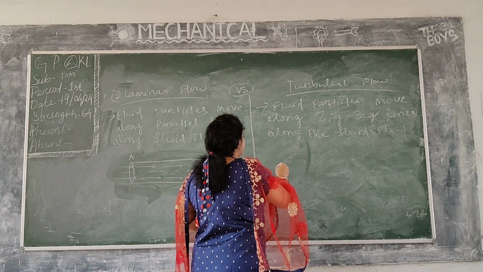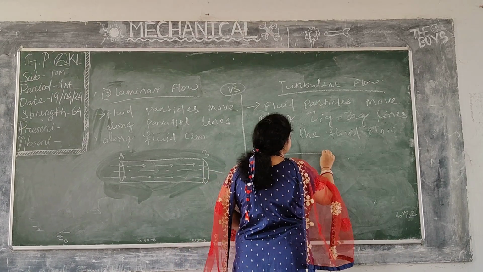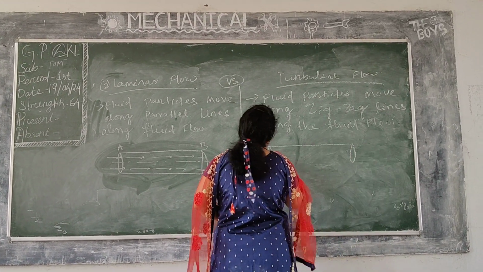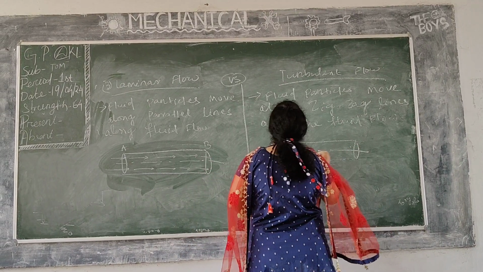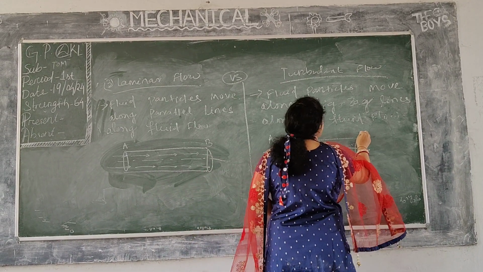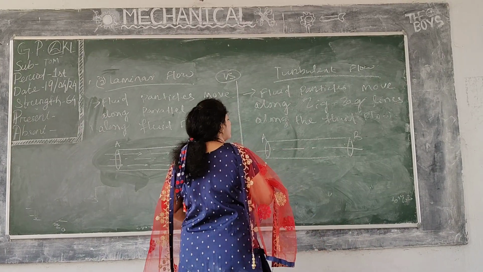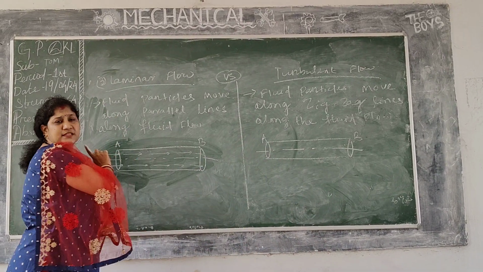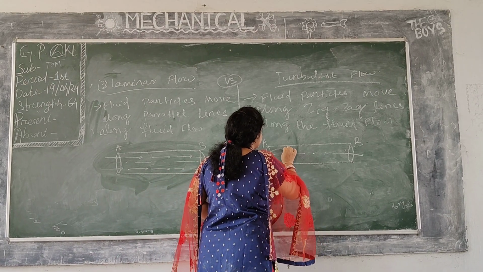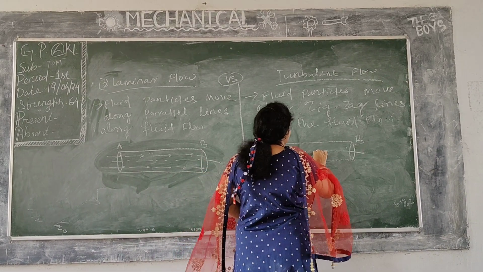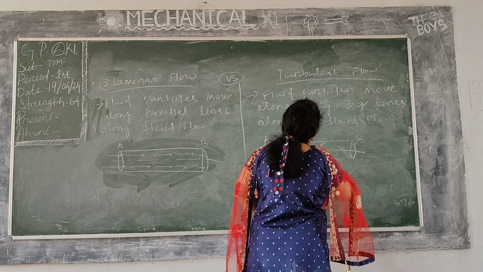What is turbulent flow? Suppose again this is a pipe from where fluid is to flow. They will never go like this. They will go like what? This, again this, again this, again this.